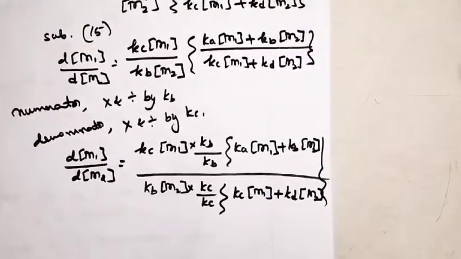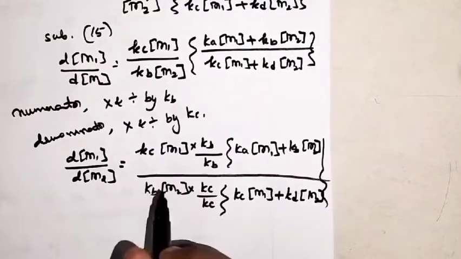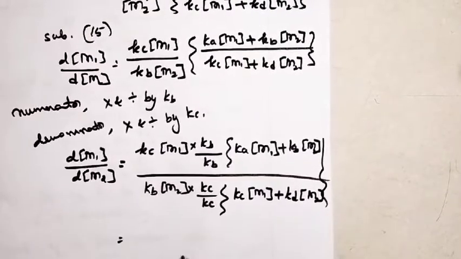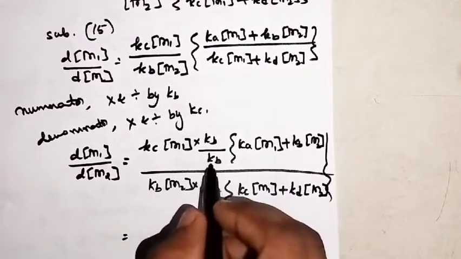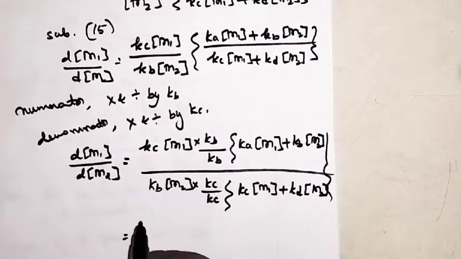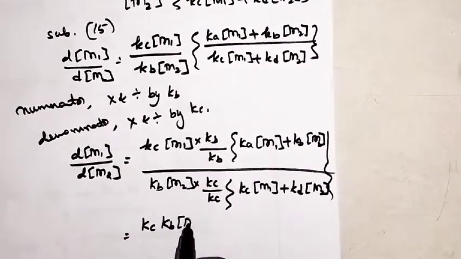Okay, this is what you get. Now what you do is, here take this Kb denominator Kb that you take inside. So I write Kc and Kb together, concentration of M1.